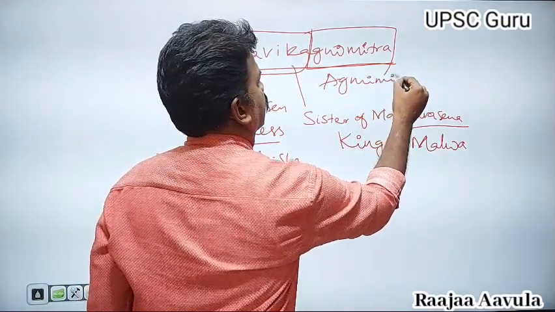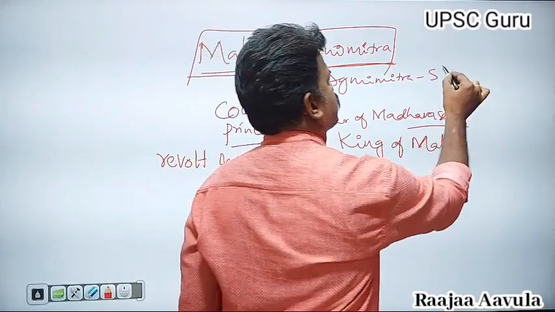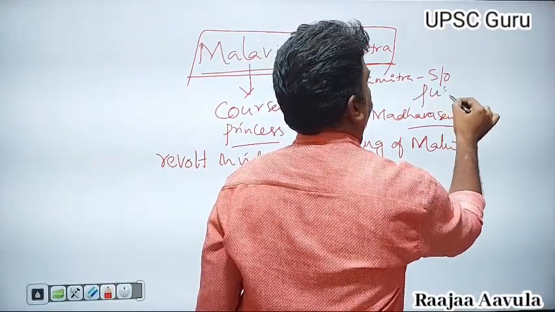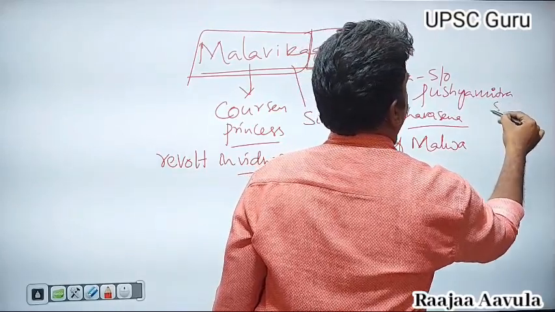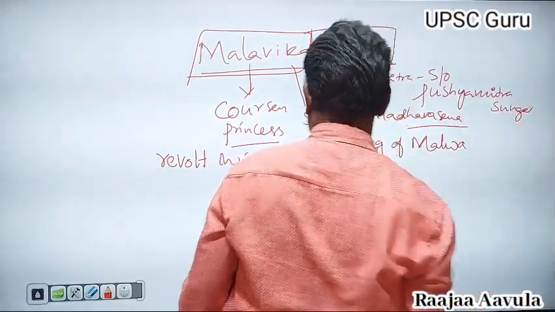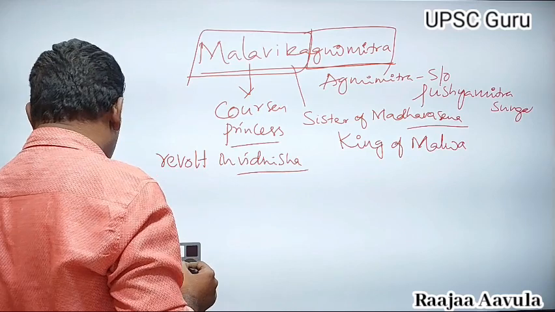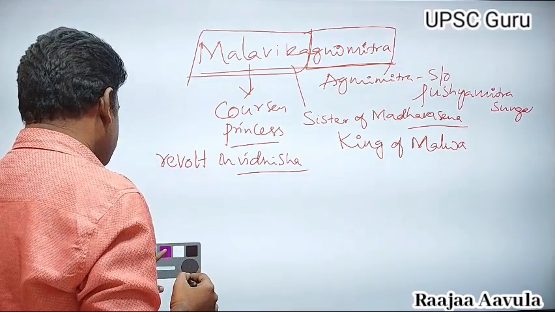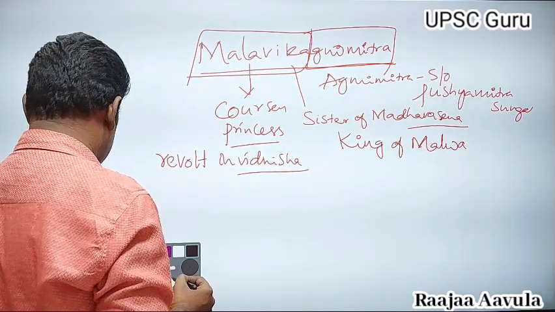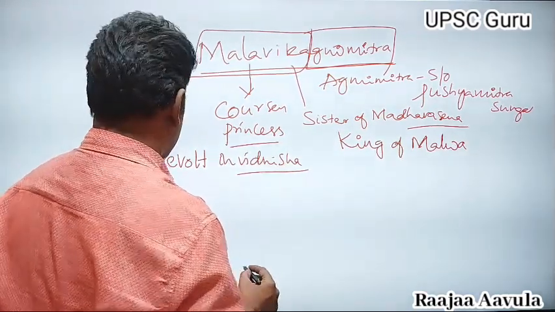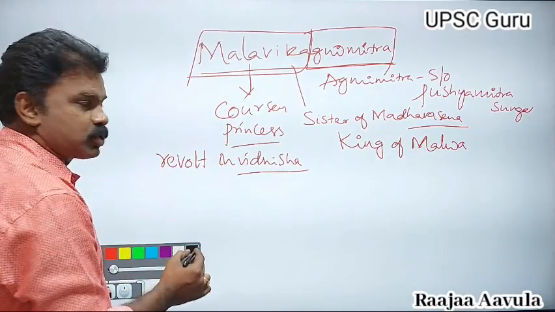Agnimitra was a son of Pushyamitra Shunga, a Shunga prince.